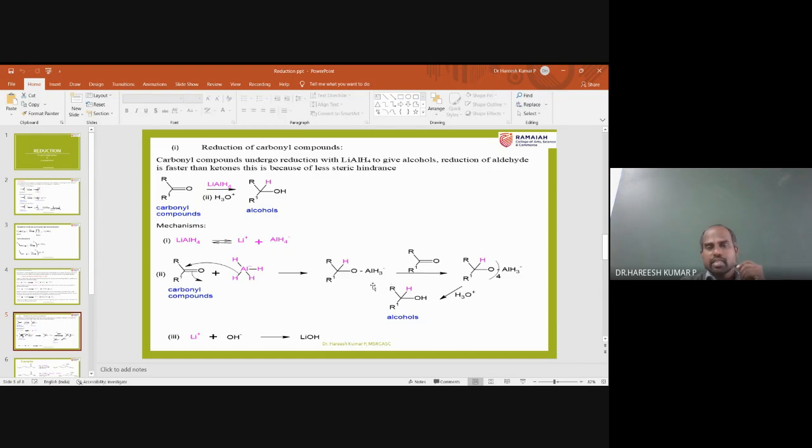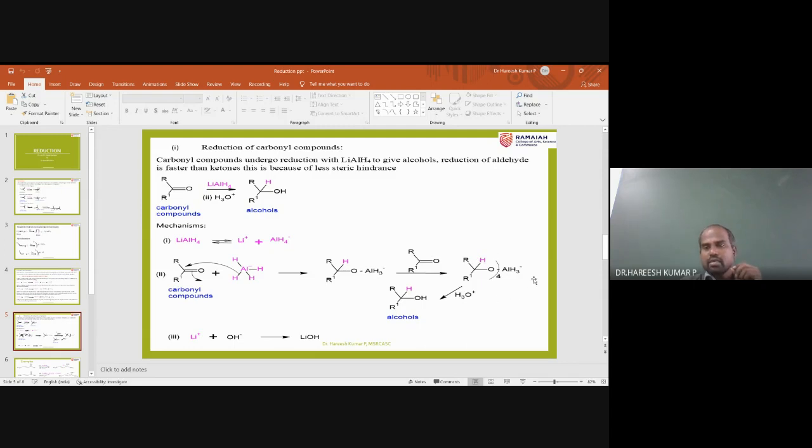Then this alkoxy aluminum hydride can react with three molecules of carbonyl compound. Why? Because this aluminum can transfer 3 hydrogens to 3 carbonyl compounds, giving rise to an intermediate.